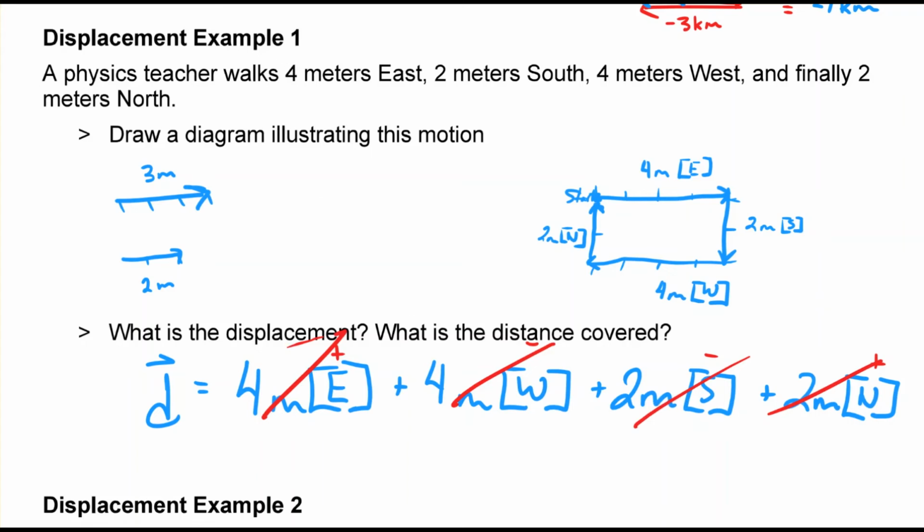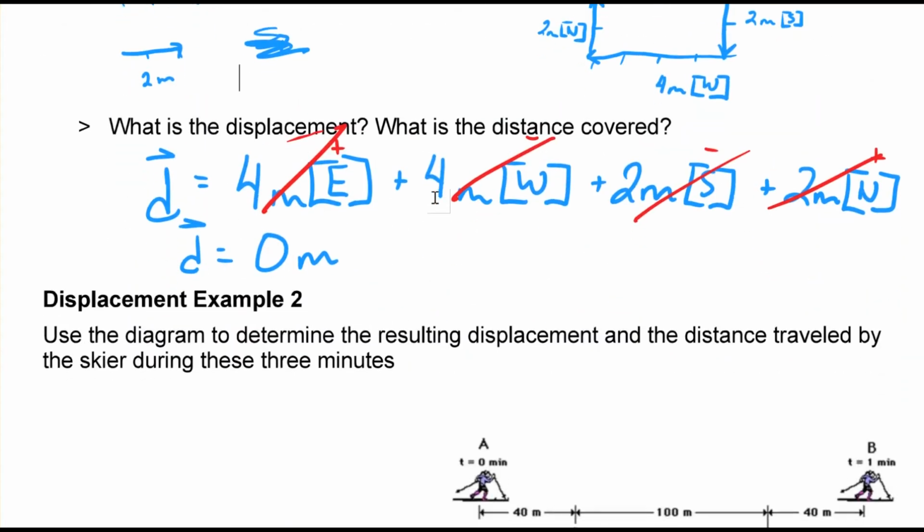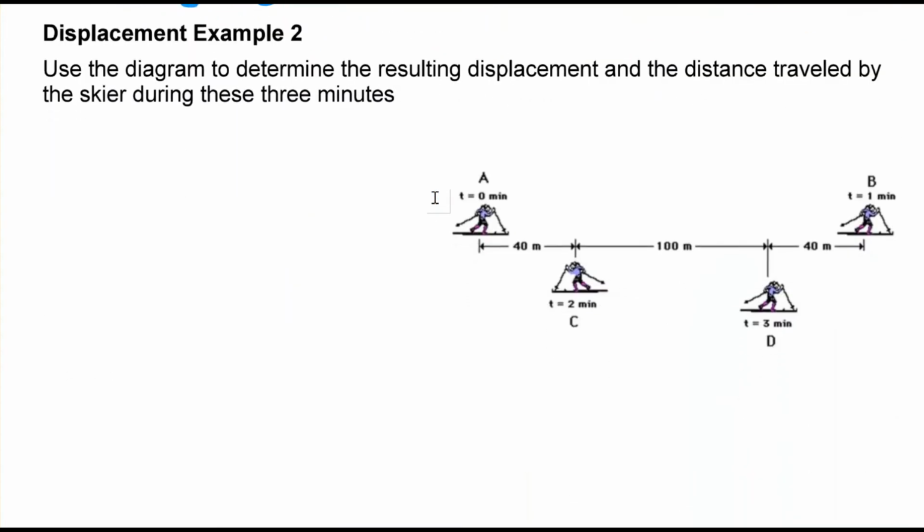So what was the displacement? Well, the displacement was 0 meters, and I can't put a direction because 0 has no direction. You can't draw an arrow 0 meters long. Hopefully that made sense. Let me know if it didn't make sense. Just comment on the video or email me or something like that.